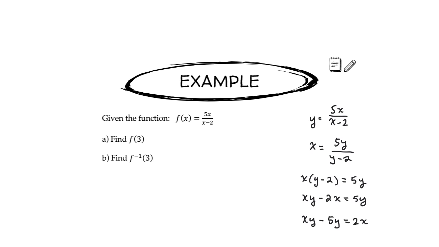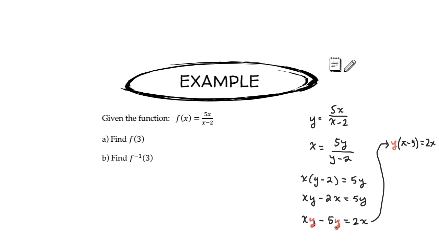Let me pause right here and tell you my strategy involves getting all of the instances of y on the same side of the equation. The reason I want this is because that allows me to factor out the y, and factoring out the y is the first step in isolating it. When I factor out the y, I get y times x minus 5 equals 2x.